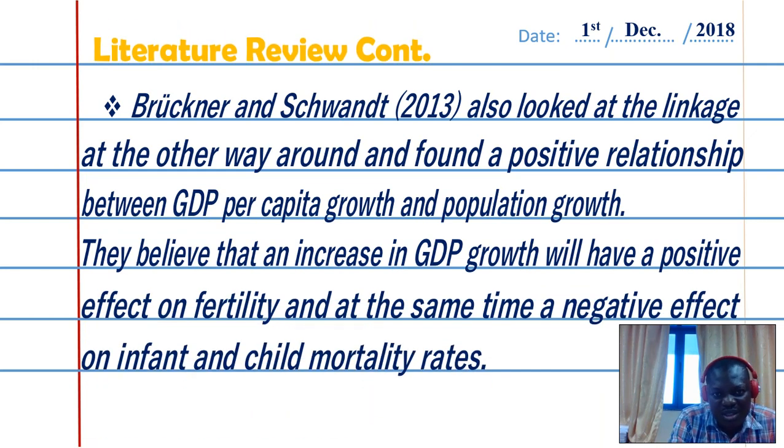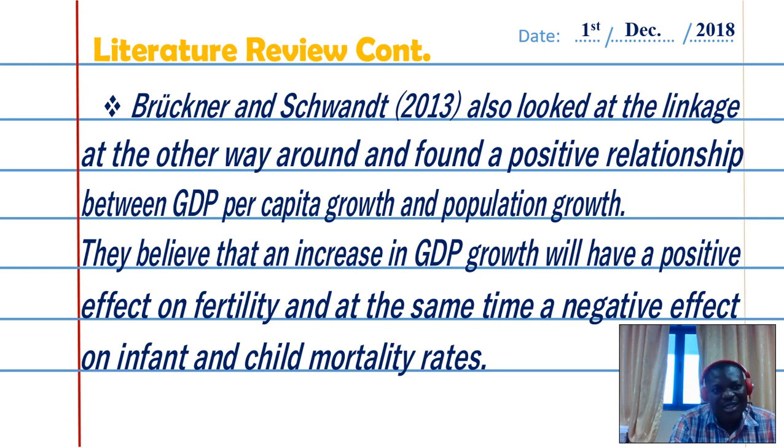Blacknell and Schwartz in 2013 also looked at the linkage the other way around and found a positive relationship between GDP per capita growth and population growth. They believe that an increase in GDP growth will have a positive effect on fertility and at the same time a negative effect on infant and child mortality.